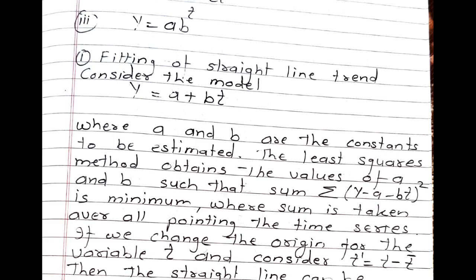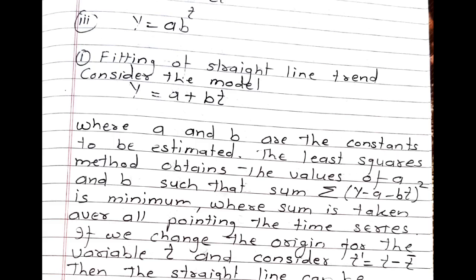The least squares method obtains the values of a and b such that the summation of (y − a − bt) whole squared is minimum, where the sum is taken over all points in the time series.